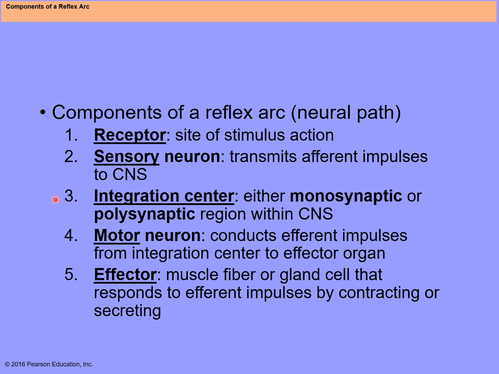Oh, we have to have a response, so it sends that to the motor neuron, which sends it down to the effector to get the desired response. Either a skeletal muscle contracts so you can move your hand, or a gland is stimulated to start secreting maybe a hormone. It could be stimulating a smooth muscle to start contracting.